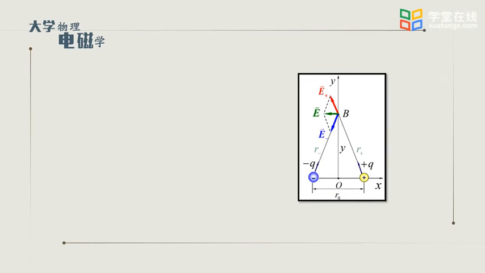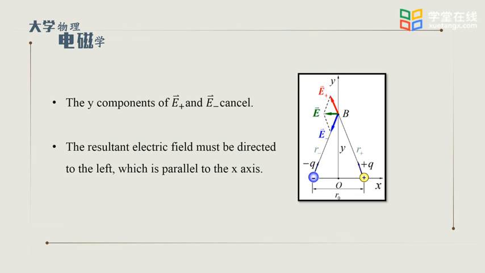Next, please find the electric field at point B along the perpendicular bisector of the line joining the two charges. Please note, E plus and E minus have different directions in this case. By considering the symmetry of the situation, the y components of E plus and E minus cancel as shown in the figure.